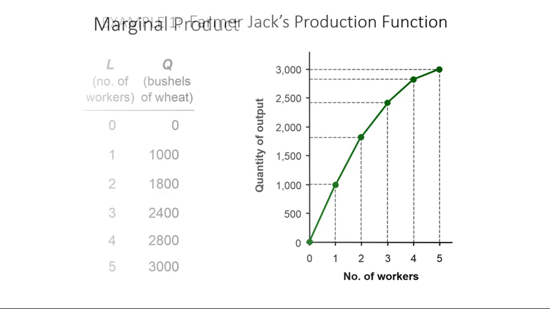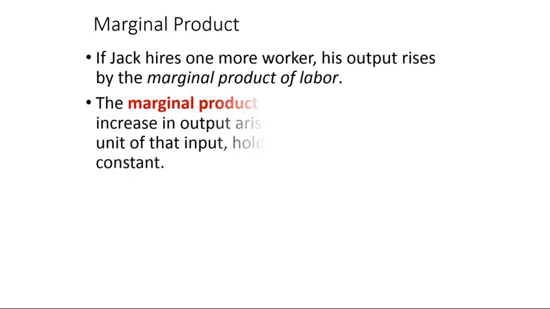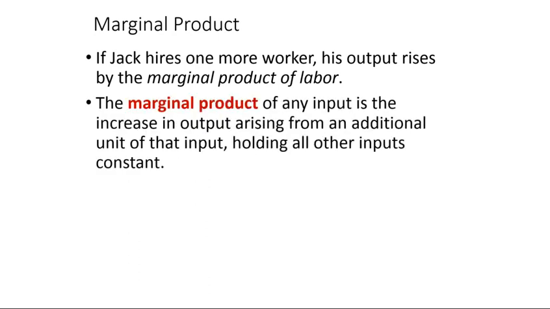If we wanted to measure how productive an additional worker is, we would do that using a metric known as the marginal product, specifically in the case of workers, the marginal product of labor. But we could also think more generally about the marginal product of any input, not just labor, but also capital, where we're measuring how much output goes up when we change the level of input usage, holding all other factors fixed.